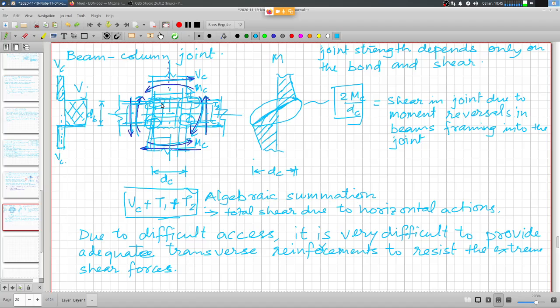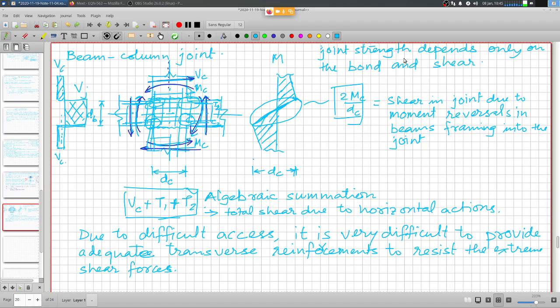In particular, as you see, the joint strength depends on only two mechanisms, that is bond and shear, and both of them are very poor as an energy dissipation mechanism. So there is no hysteresis, nothing to be gained by encouraging any kind of inelastic deformation in the joint region.